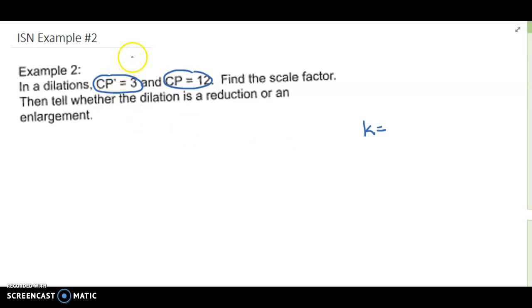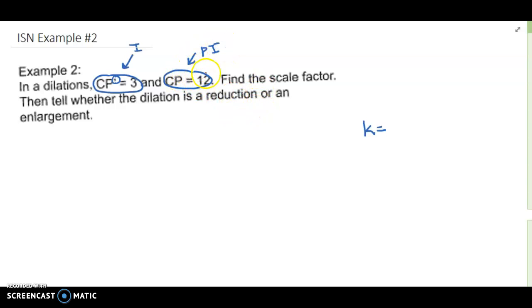Okay, well, we know this one has to be our image and this one has to be our pre-image because this is CP prime. That means we've done something to it. Just CP, we haven't done anything to it yet, so it's our starting point, so we start with our pre-image.